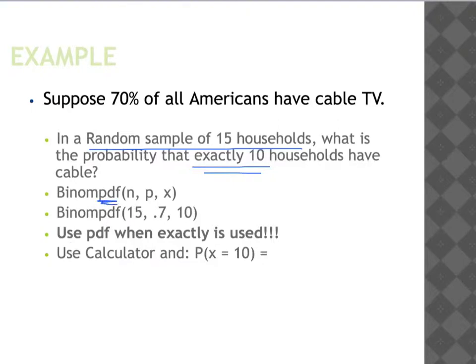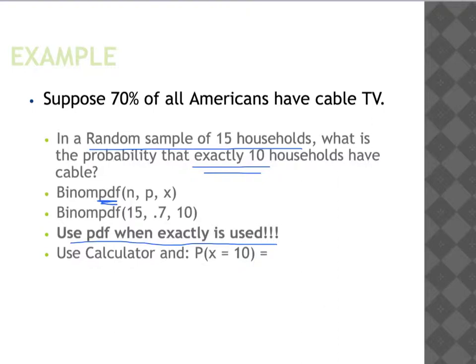Remember, PDF is used when exactly is part of the question. So in the calculator, we would go to our binomial PDF, the menu 5 5D. You're going to input 15 for N, 0.7 for P and 10 for X, and then hit enter.